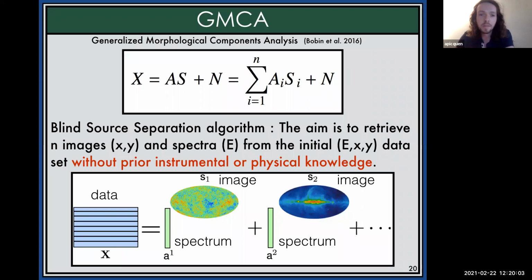So mathematically, it can be written as such, X being the data cube, and AS being spectra multiplied by images. So the idea is to see the different components as an image multiplied by a spectrum, plus some Gaussian additive noise. And the GMCA is able to disentangle that kind of components without any prior instrumental or physical knowledge.